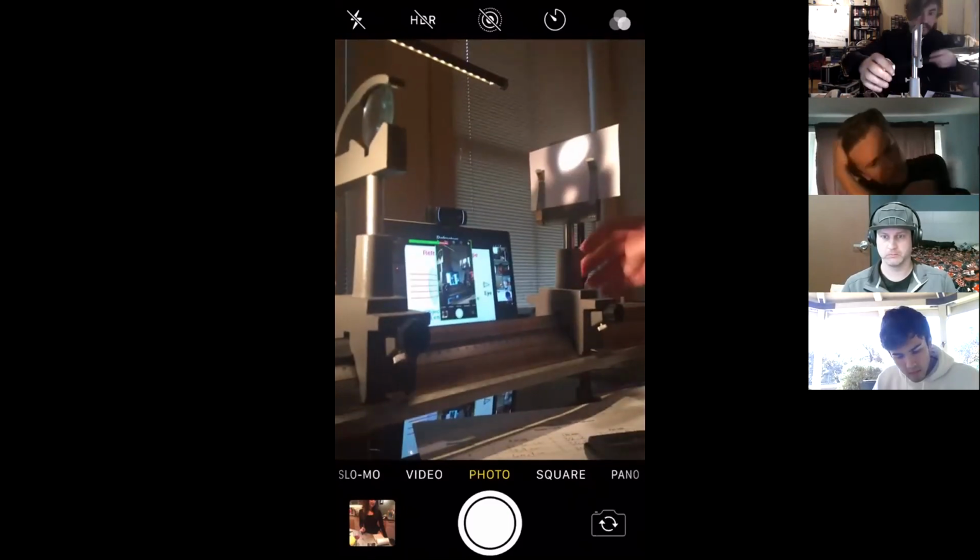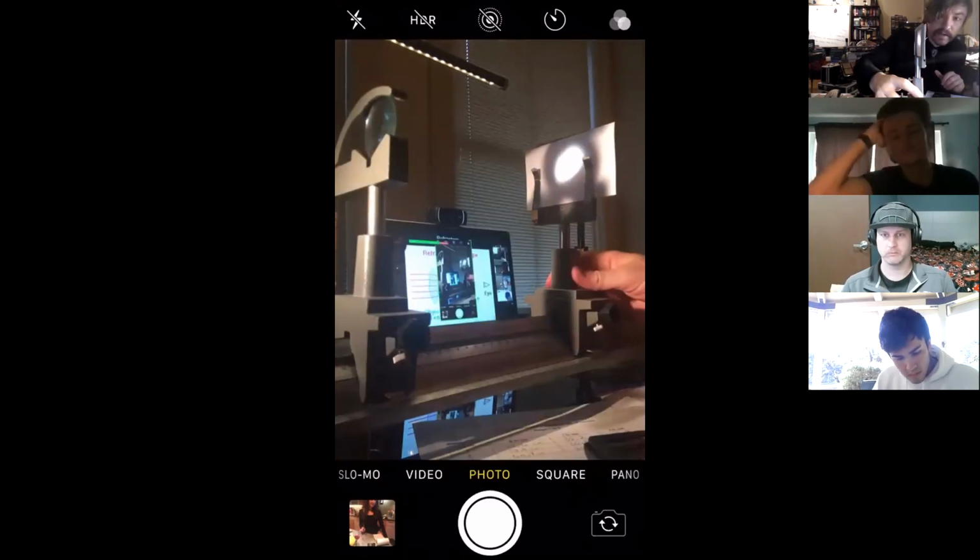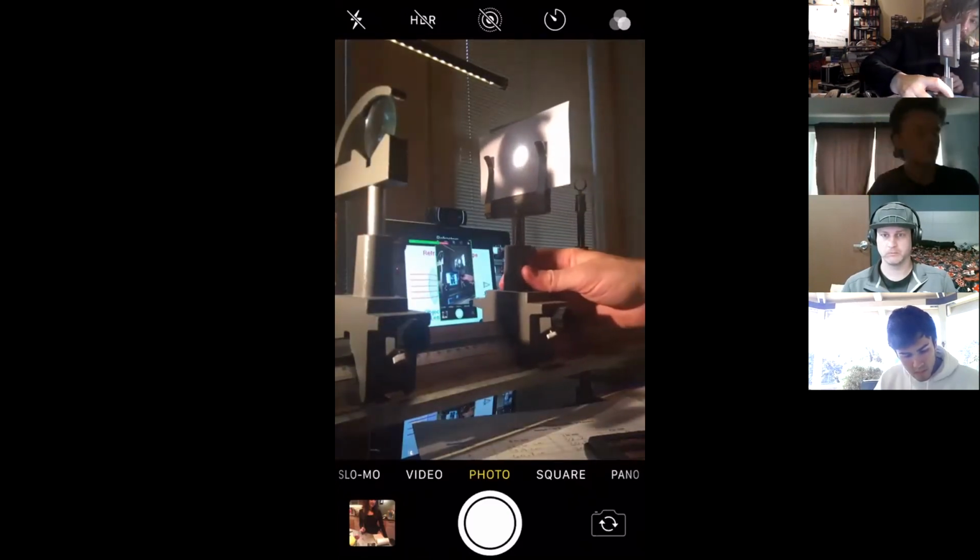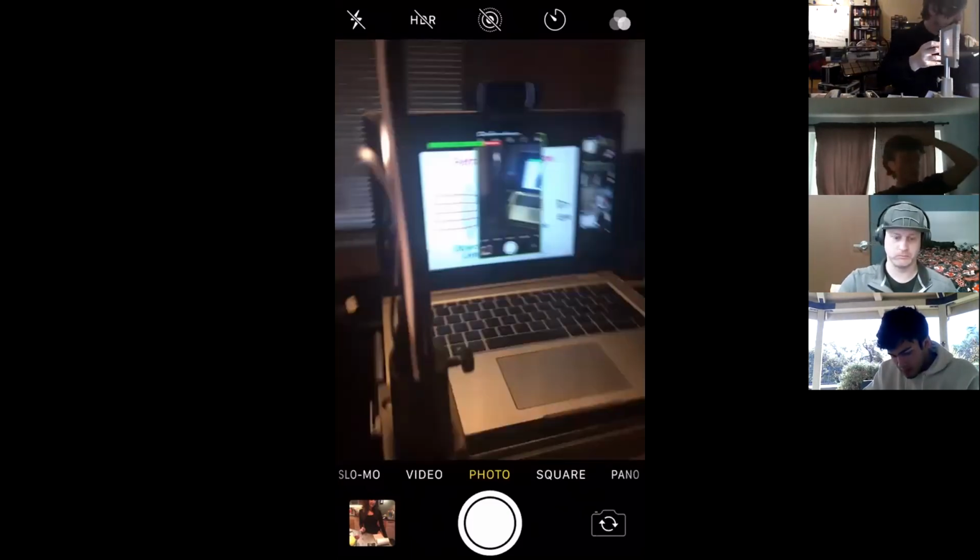I'm going to try to adjust the height. Unfortunately, the contrast is such that you're going to have a hard time seeing this. It looks a lot cooler in person than it does on my phone.